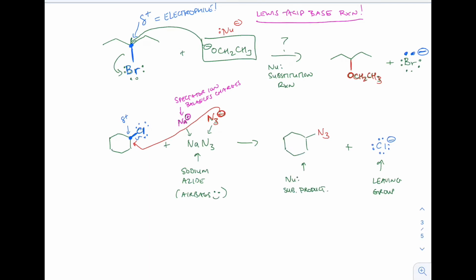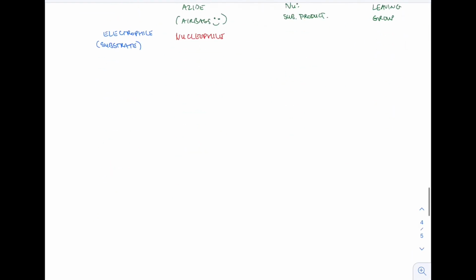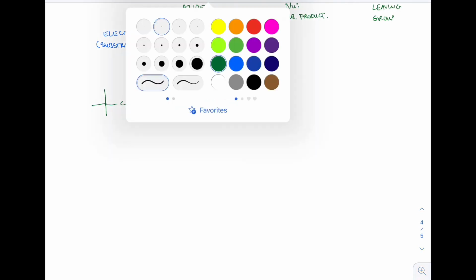Okay, so this is the nucleophilic substitution product. Obviously the red is the nucleophile, the blue portion is the electrophile. This is also called a substrate. So in nucleophilic substitution reactions, the alkyl halide is the substrate. And then the carbon bound to those halogens is the electrophile that's susceptible to nucleophilic attack.